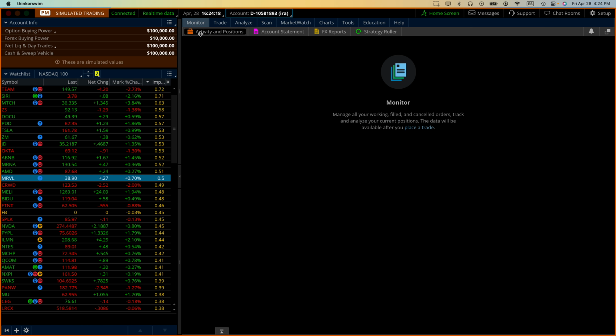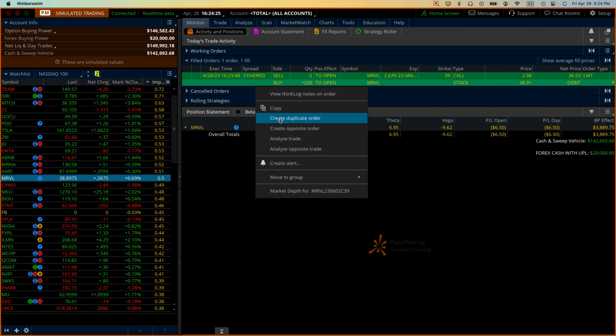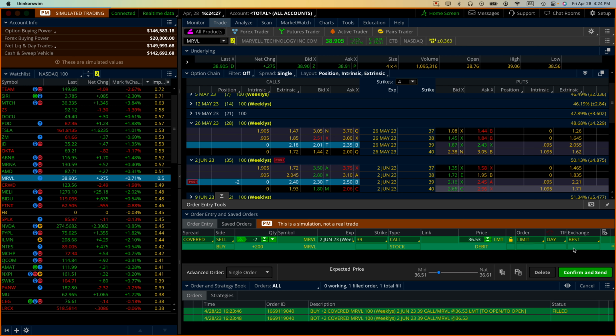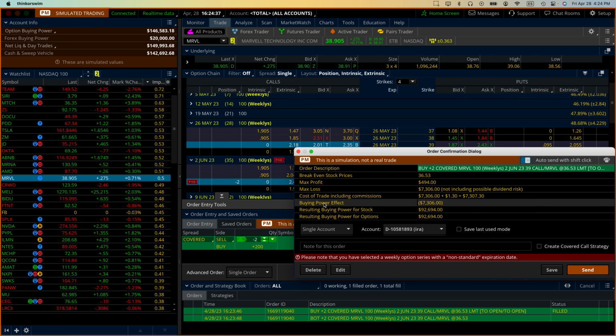Okay, how about we do the exact same trade? Let's keep it in parallel. So let's say create duplicate, the exact same price, and then confirm and send, and make sure that you choose the right account, which is the IRA account. And yeah, the buying power effect is 7,360.